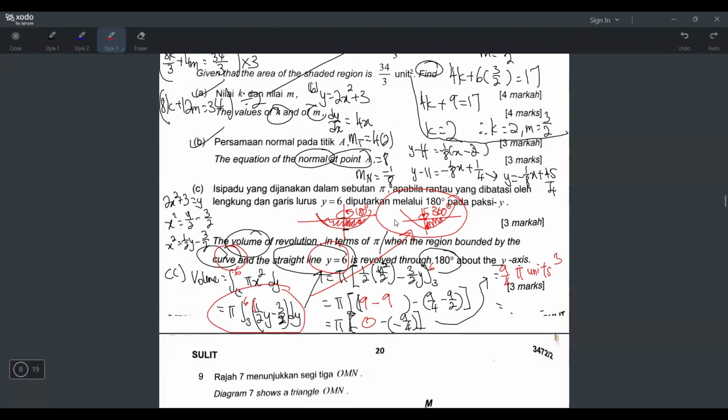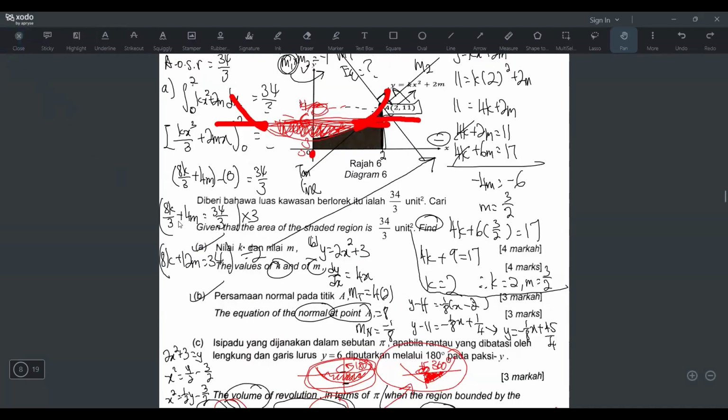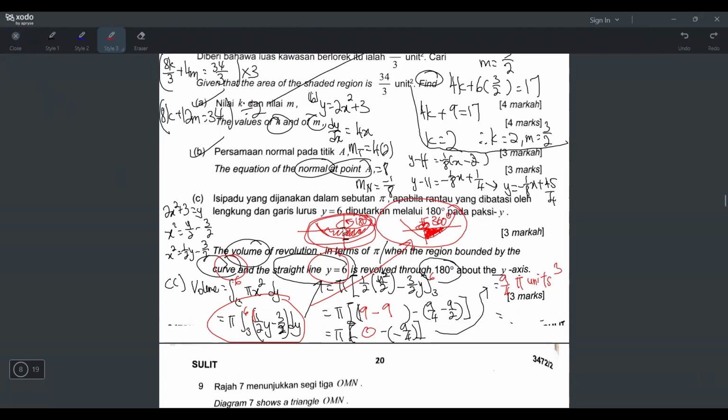So what you are doing is basically finding the volume of this region, revolved 360, right? But if you revolve this 360, it's the same as the shaded region here revolved 180, right? Because when you take this one and revolve 180, you will get the same result as this half of it revolved 360. That's why you don't have to divide by two.